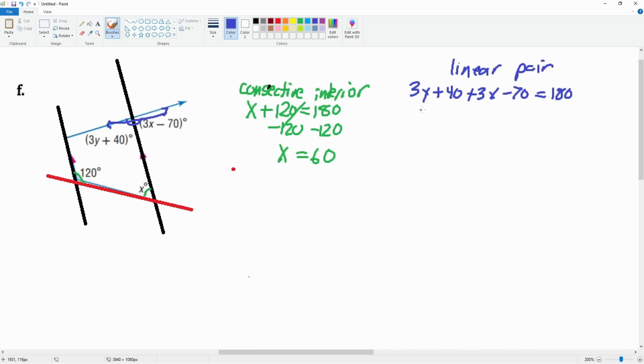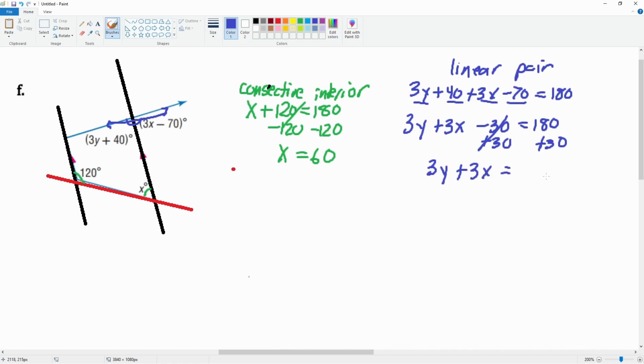We can combine some like terms. 3y plus 3x, right? Those don't change. Plus 40 minus 70, that is the value of negative 30, equals 180. Okay, I'm going to add 30 to both sides. So this cancels. 3y plus 3x is equal to 210.